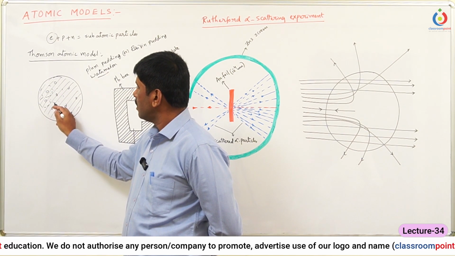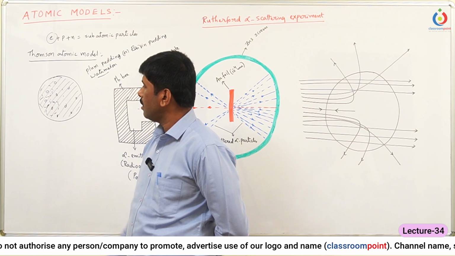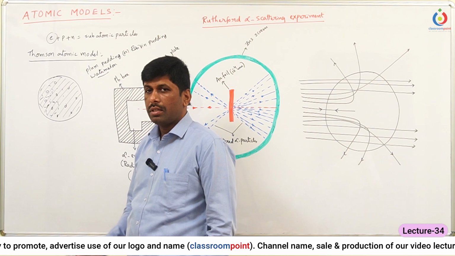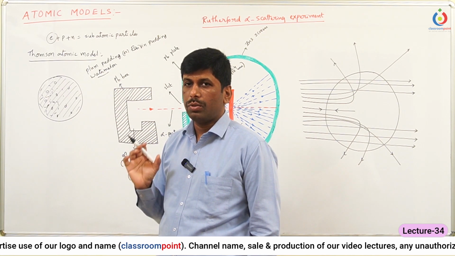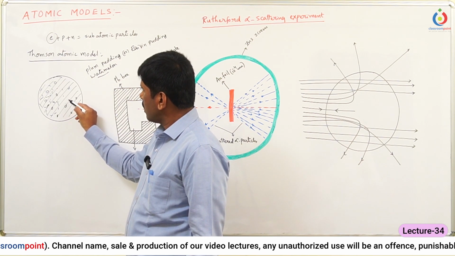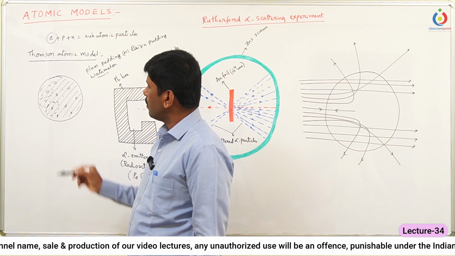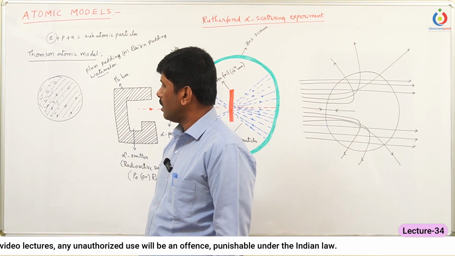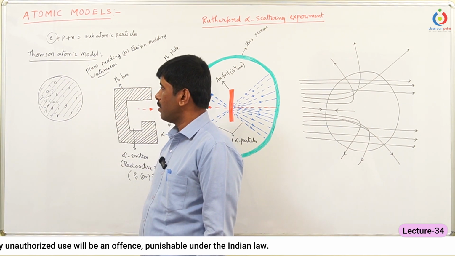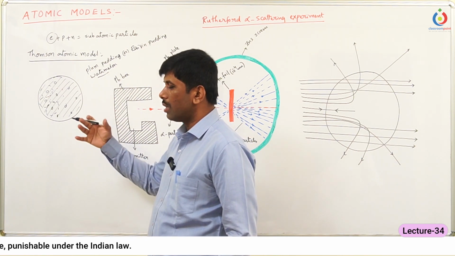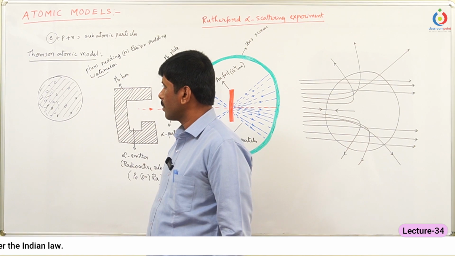Like this, he was able to explain the electrical neutrality of the atom. Electrical neutrality means atoms do not carry any charge, only ions carry charge. As the electrons neutralize the positive charge around them, finally there is no net charge on the atom. That is what is called electrical neutrality.